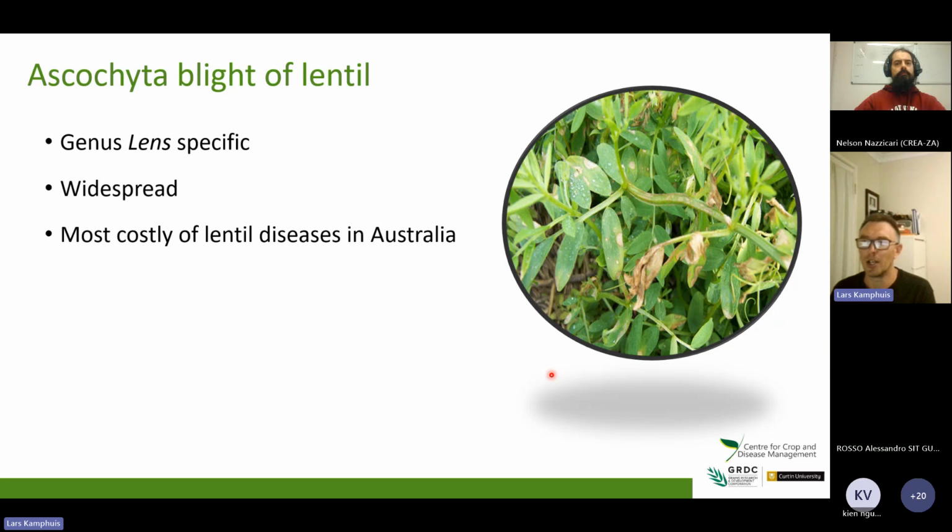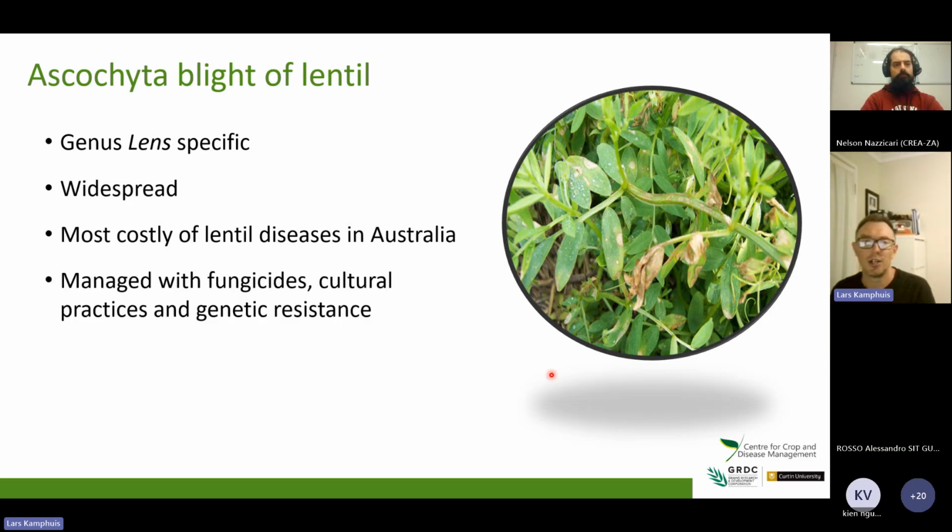And so that's why we're trying to identify sources of resistance and work with breeders to bring those resistance sources into the varieties that they're breeding, and obviously try and understand the mechanisms of pathogenesis. By and large, Ascochyta blight in lentils is well controlled by fungicides, but also cultural practices. But obviously, the preferred mechanism to control that is through genetic resistance in the varieties.